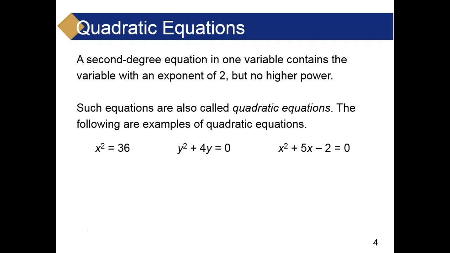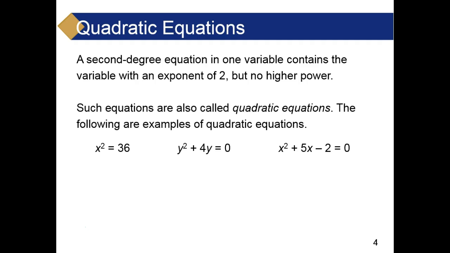Is that a quadratic equation? X squared equals 36. Sure it is. Maximum exponent is 2. How about this one? Y squared plus 4y is equal to 0. Yes, for sure. How about this one? X squared plus 5x minus 2. Yes.